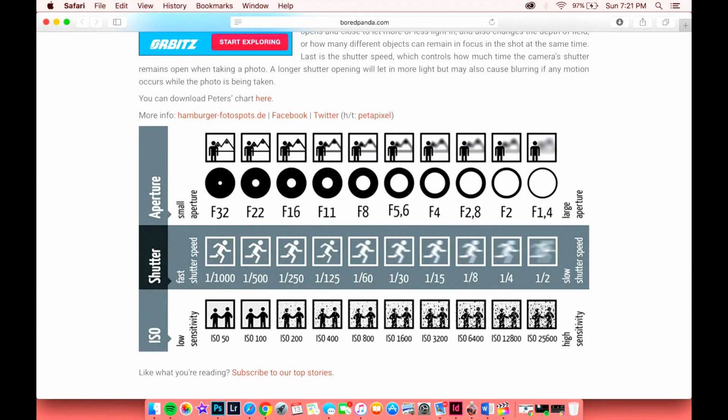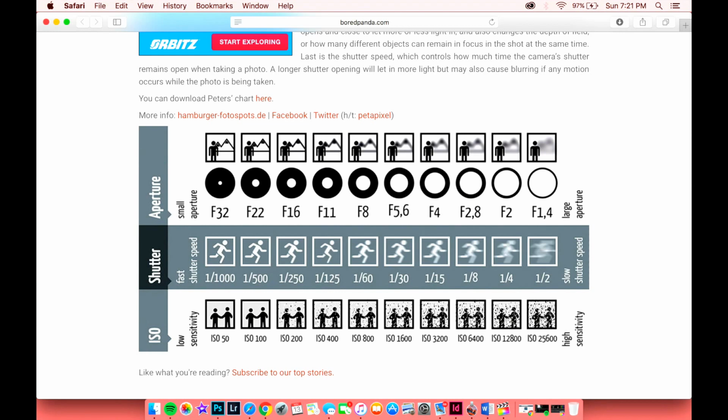So here we have, as you guys can see, when it's 1/1000 of a second, it's sharp and the person that's moving is stable. Not that the other ones are falling, but stable as in still, it's sharp.